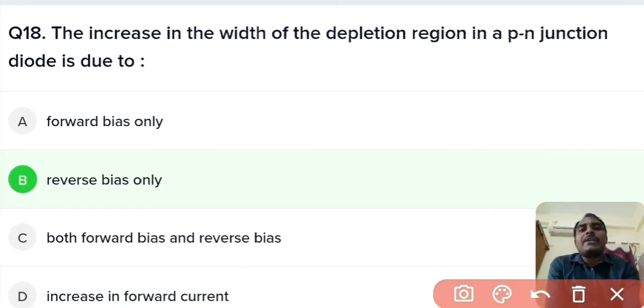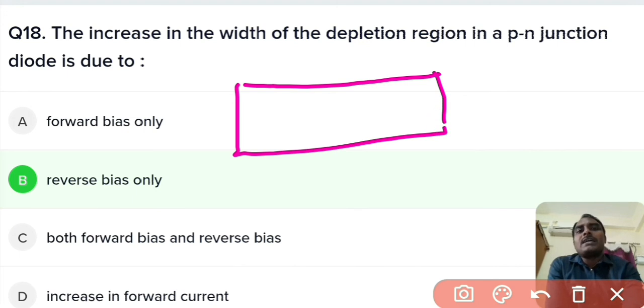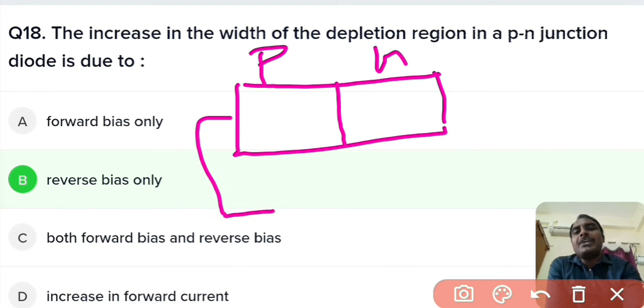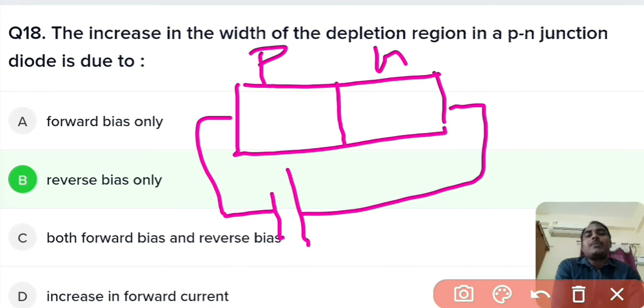One side is P type, another side is N type. When P type is connected to the negative terminal and N type is connected to the positive terminal, the diode is said to be reverse biased. In P type, majority charge carriers are holes, and in N type, majority charge carriers are electrons.